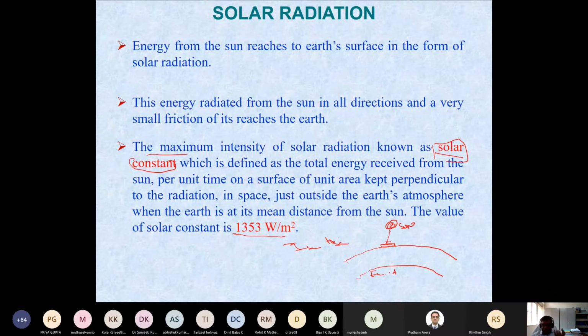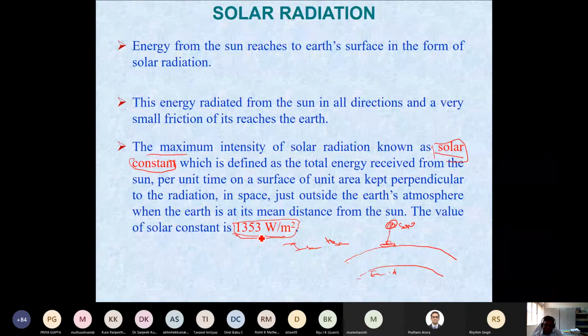That means it is the maximum possible value of solar radiation intercepted over a unit area when that receiving surface is kept just outside the atmosphere, and the solar radiation falls on that receiving surface perpendicularly, at 90 degrees.